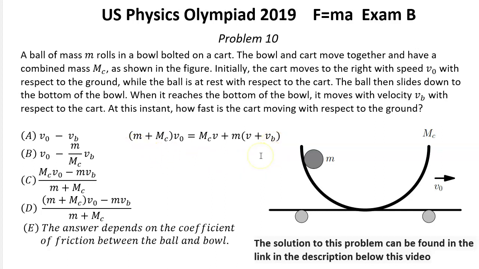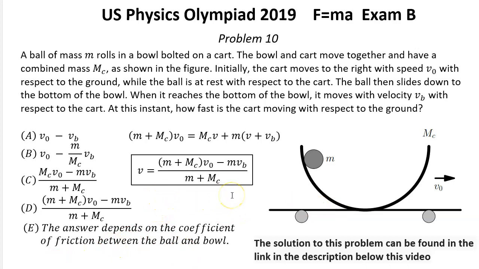And from this equation we can immediately find the speed v of this cart with the bowl. That will be this expression, and this is answer D, which is the solution for problem number 10.